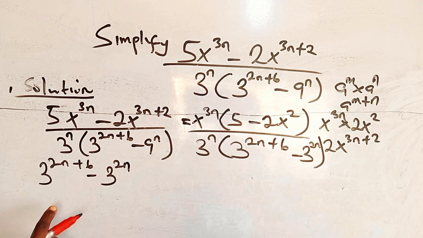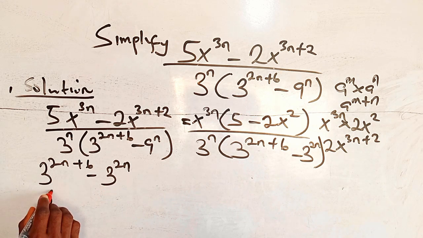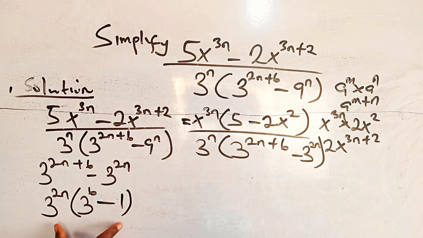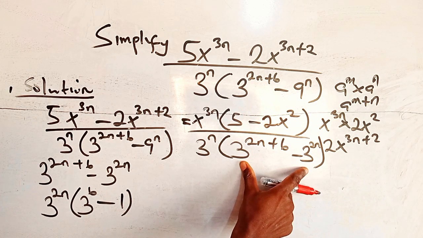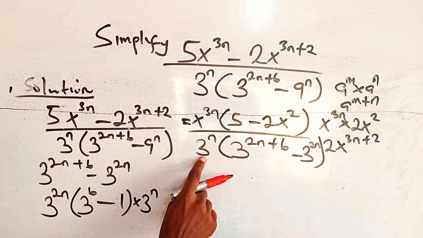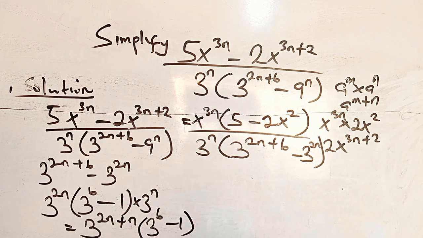We can factor out 3 raised to power 2n, into 3 raised to power 6 minus 1. Do not forget the times 3 raised to power n. When you multiply 3 raised to power 2n with 3 raised to power n, the same base, by the law of indices, we add the exponents, into 3 raised to power 6 minus 1.